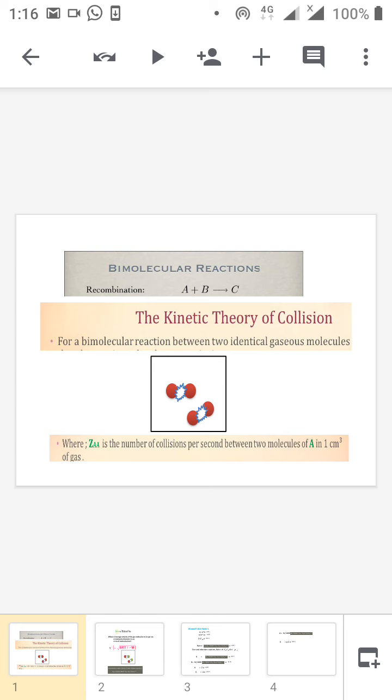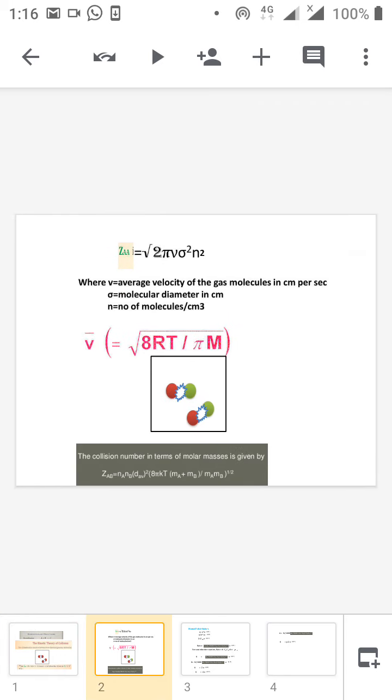Then the number of bimolecular collisions can be calculated using ZAA, the collision number: ZAA is equal to root 2 pi nu sigma square n square, where nu is the average velocity of the gas molecule in centimeter per second, sigma is the molecular diameter in centimeter, and n is the number of molecules per centimeter cube.